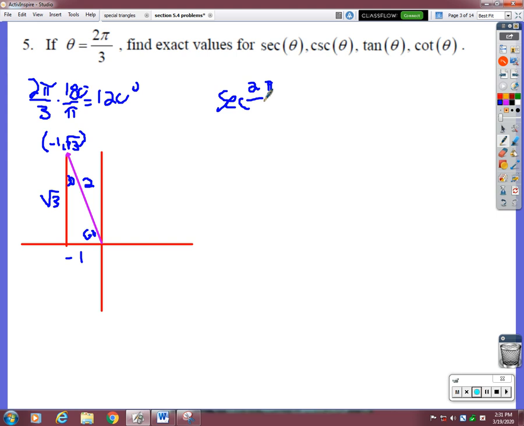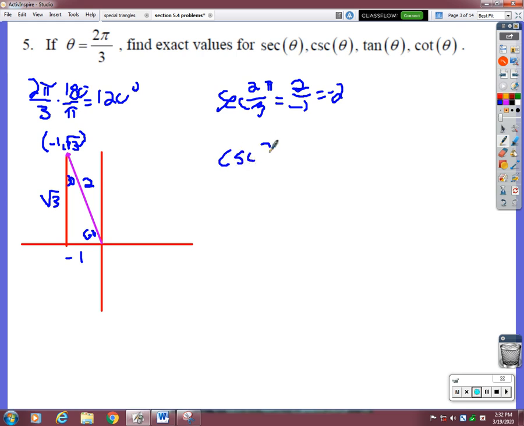So if I take that and use it to figure out the secant of 2 pi over 3, secant is r over x, so that's 2 over negative 1, which of course is just negative 2.